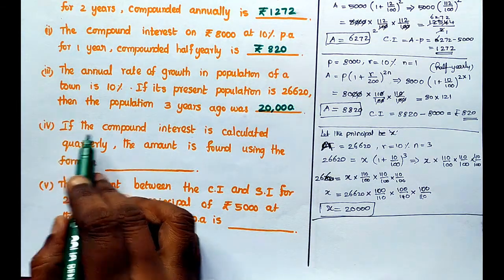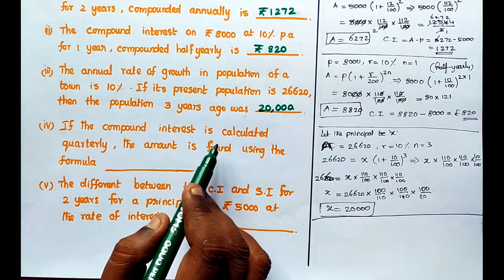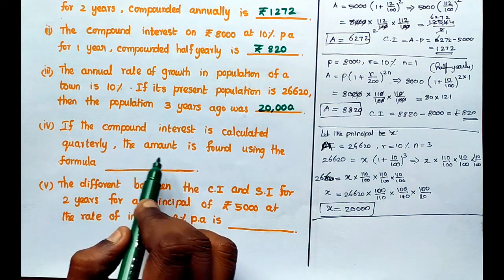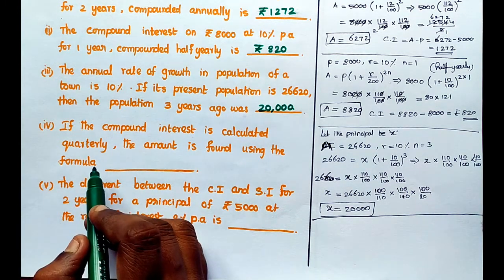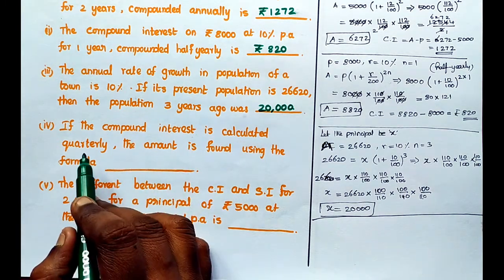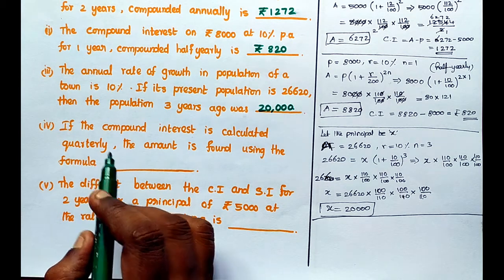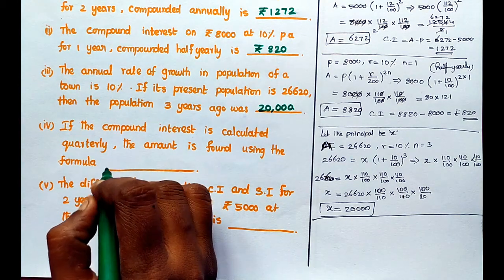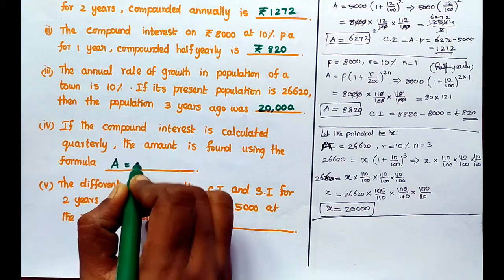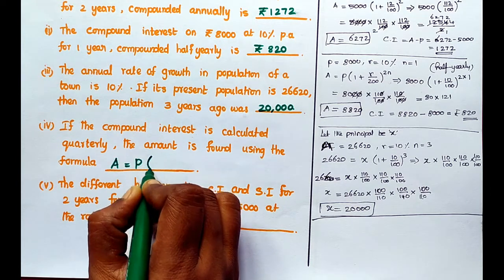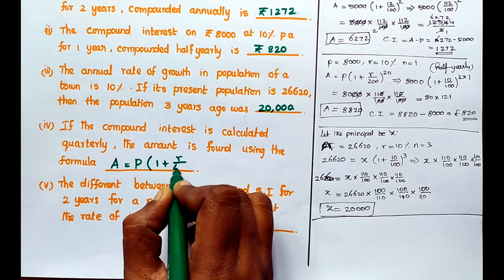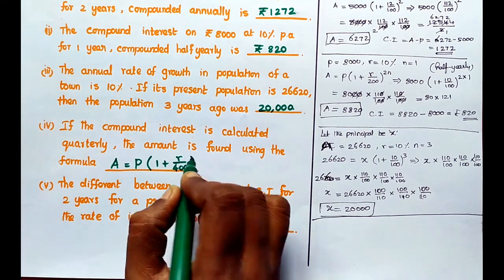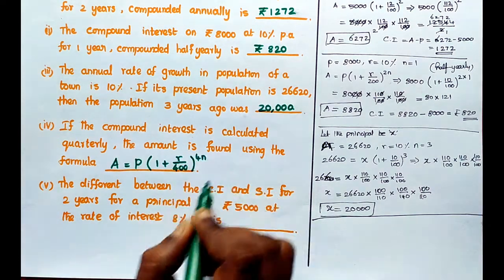Fourth one, if the compound interest is calculated quarterly, the amount is found using the formula. Calculated quarterly, what is the formula? That is they ask. So amount equal to P into 1 plus R by 400 power 4n.